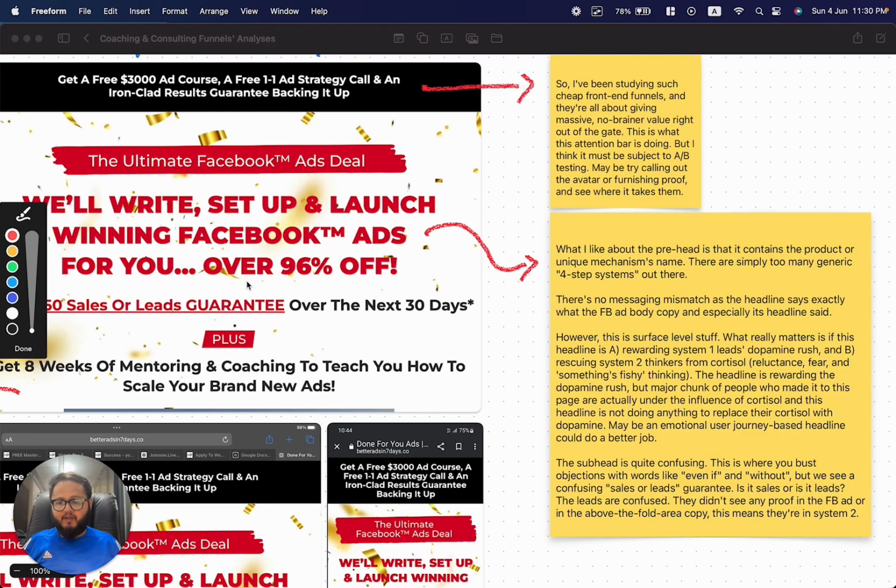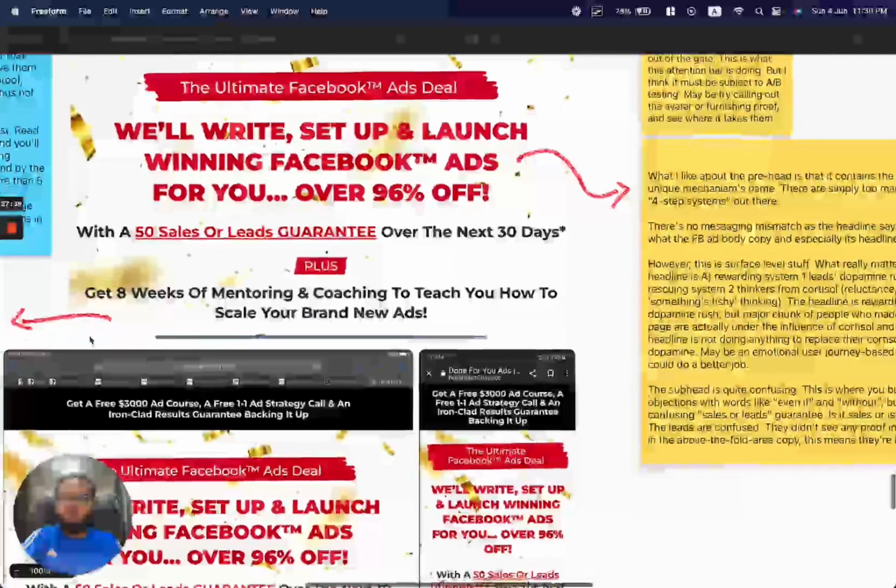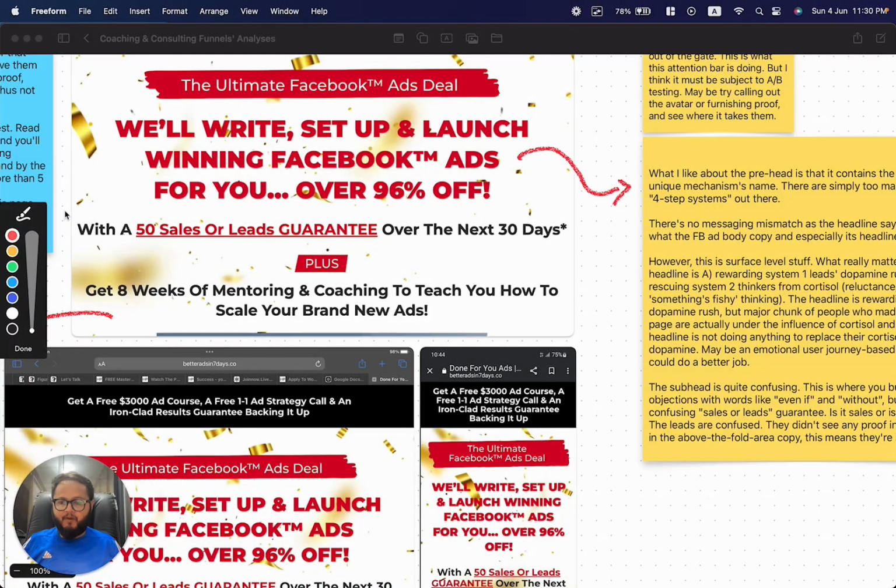So how do you do that? For example, you do that with objection busters, and you're not using them here. In most landing pages, what we see here is objection busters, like even ifs, withouts, doesn't matter. Because your market is disqualifying itself as well. They're not just disqualifying you. They're thinking, okay, would I be able to pull this off?